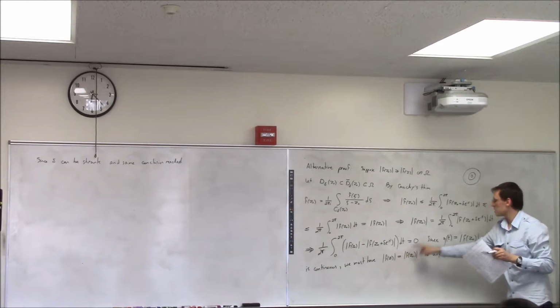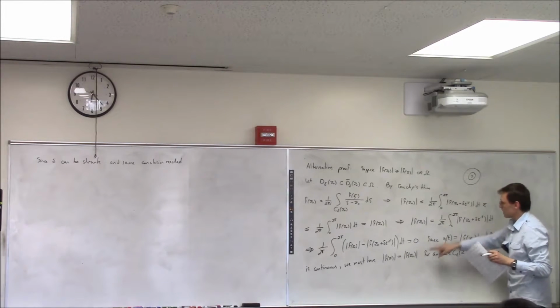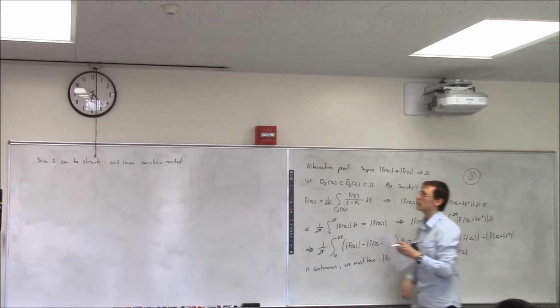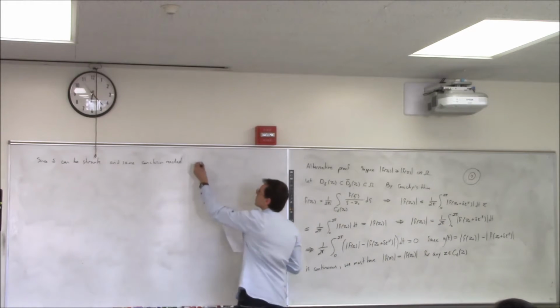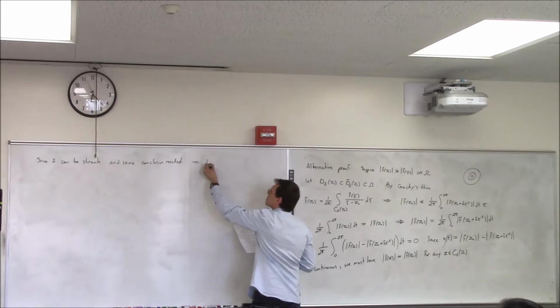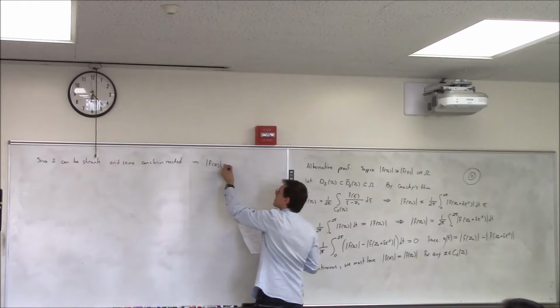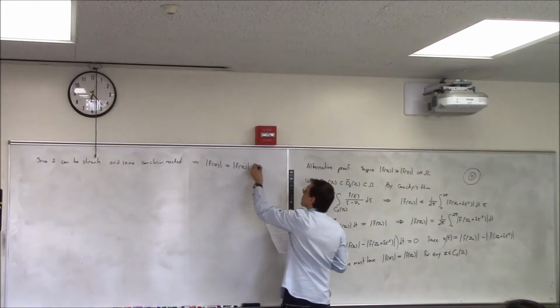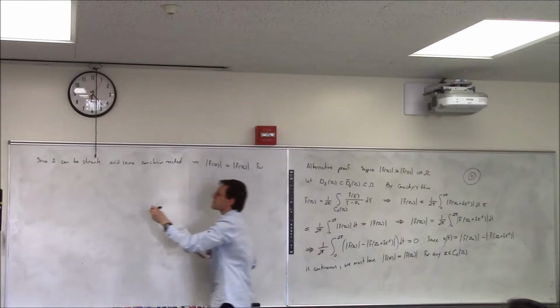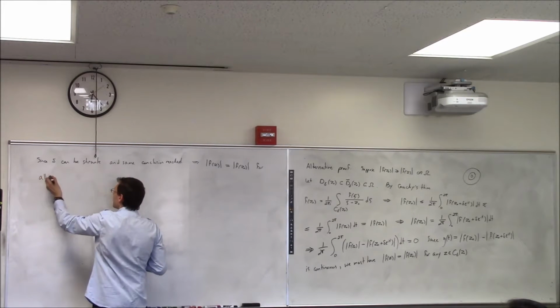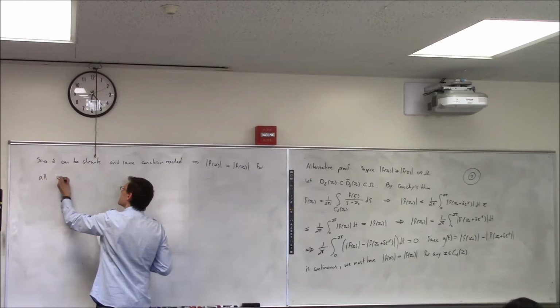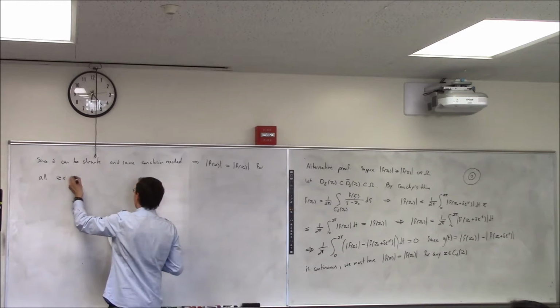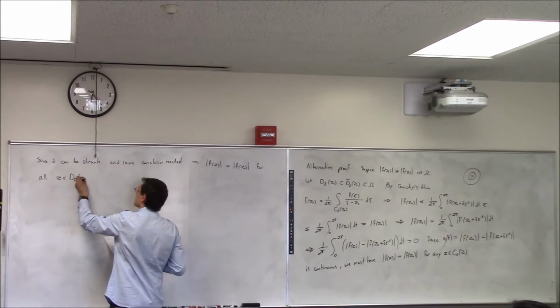The modulus of f of z is always equal to the modulus of f of z0, which implies that the modulus of f of z is equal to the modulus of f of z0 for all z belonging to the disk of radius delta centered at z0.